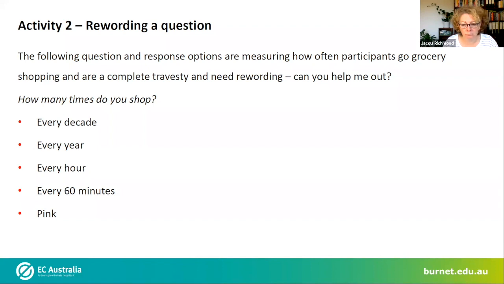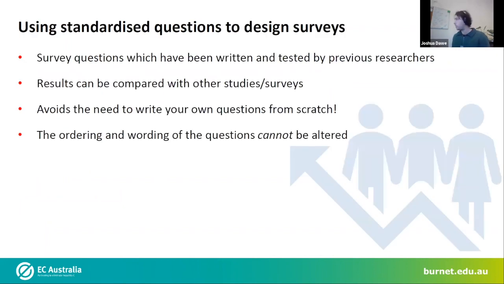Awesome. So we've talked about how to write a question itself and how to do response options. I just want to make sure that everyone's aware of this idea of standardized questions, standardized surveys or standardized questionnaires.